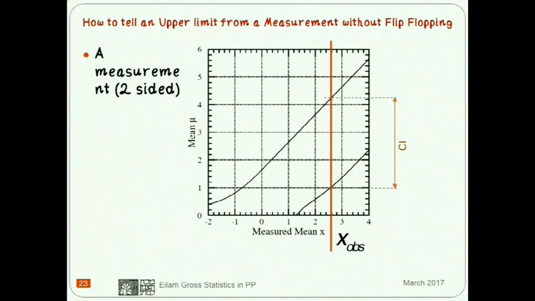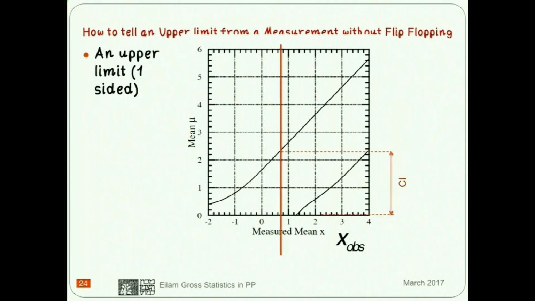So you make a measurement in the estimator's parameter space, and you deduce something by inversion in the true parameter space. So if the observation is here, you deduce a two-sided interval, and if the observation is here, you deduce an upper limit, because the signal cannot be less than 0. So the signal must be less than whatever value we get here.